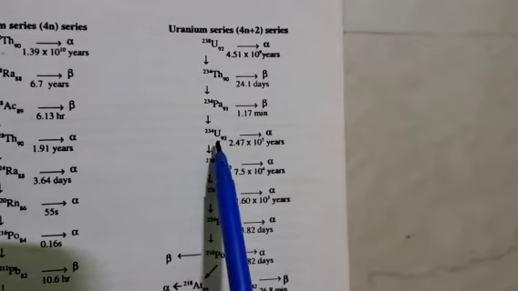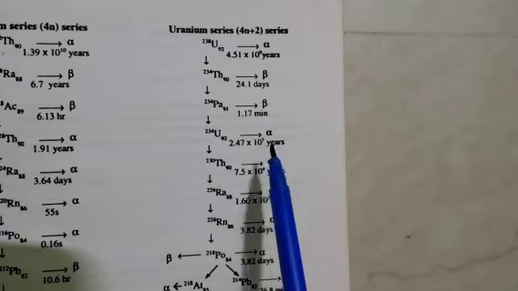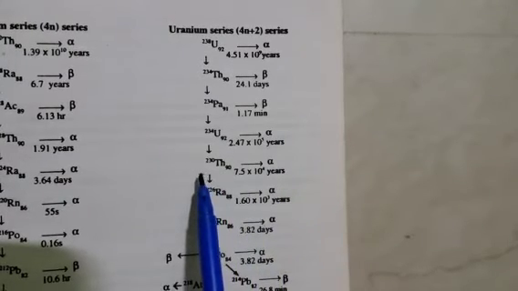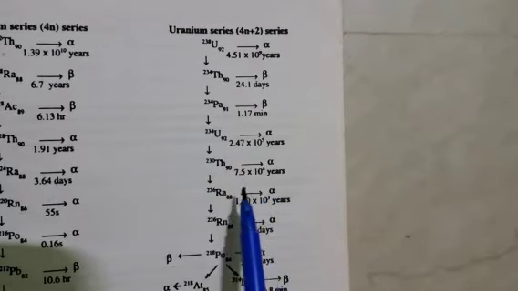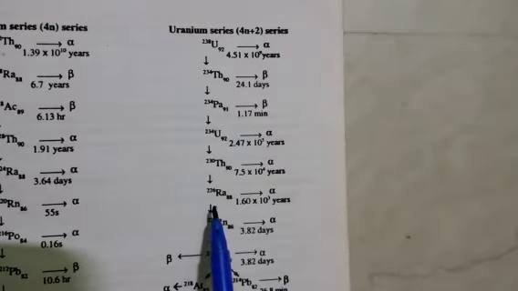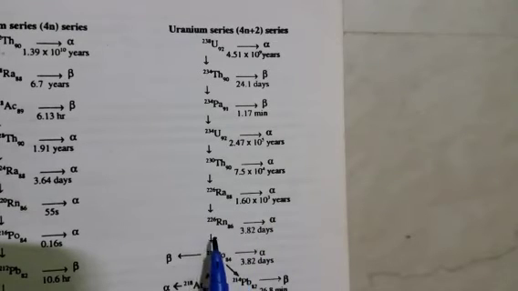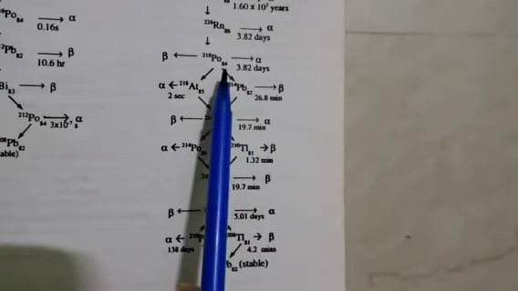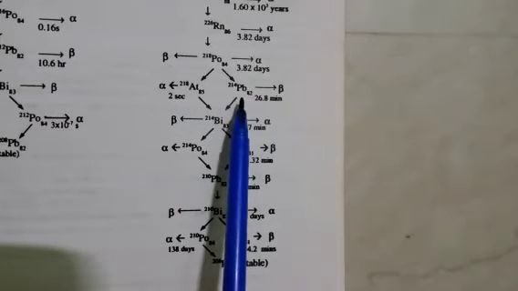it forms uranium 234. When the uranium 234 emits an alpha particle, it again forms thorium with mass number 230. So thorium when it emits an alpha particle forms radium. Radium when it emits an alpha particle forms radon. When radon emits an alpha particle, it forms polonium. When polonium emits an alpha particle, it forms lead.